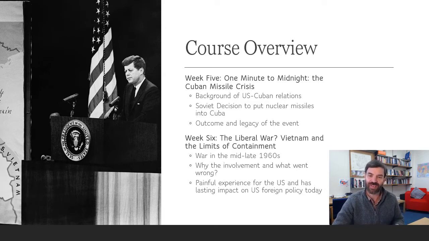And once JFK, President Kennedy, who's on the slide here, learns of this, the world sits on the brink of nuclear war for much of October 1962. So the outcome and the legacy of this event is really quite important to keep in mind and consider, because it has broad implications moving forwards.